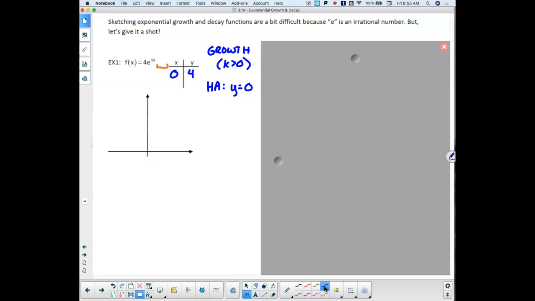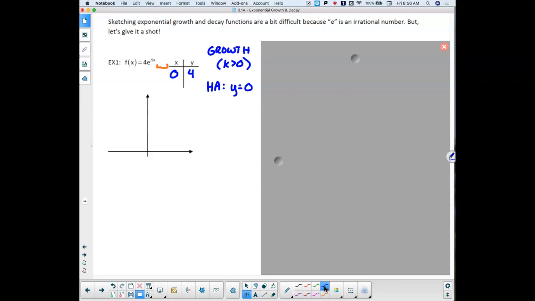No. So what does it do? It stretches it vertically. Like yesterday we said, it makes it grow a little faster, or it slows down the growth a little bit. It's a stretch. It's not a shift.